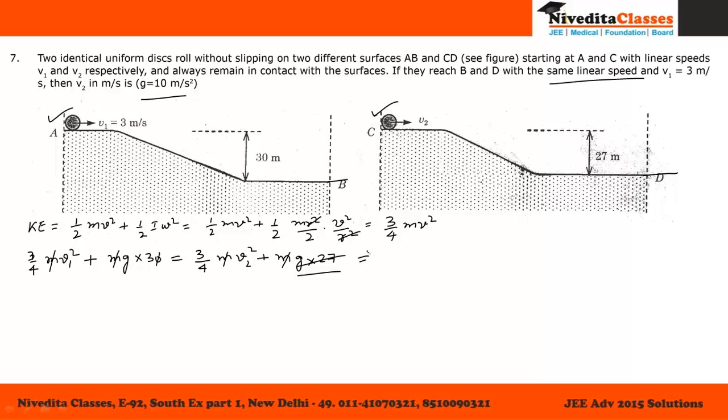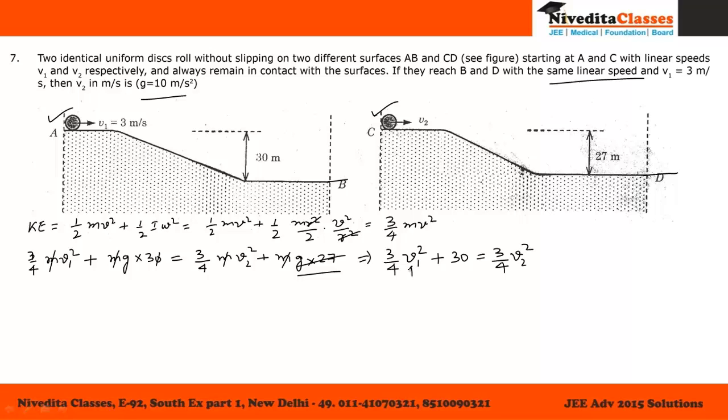So now this equation will become 3 by 4 v1 square plus 3 into g, which is 30, is equal to 3 by 4 v2 square.